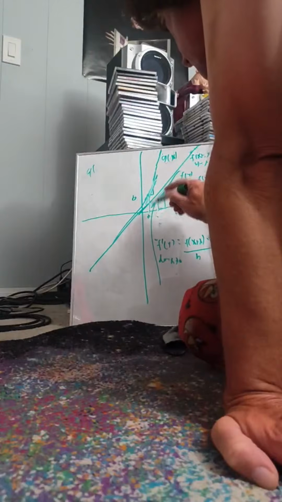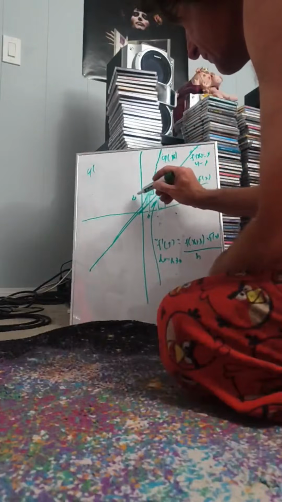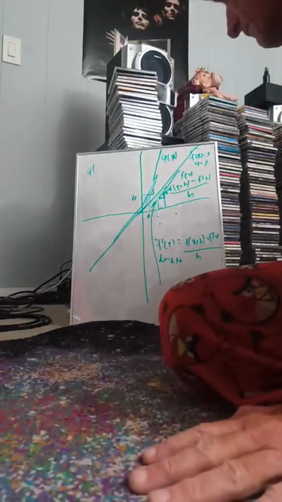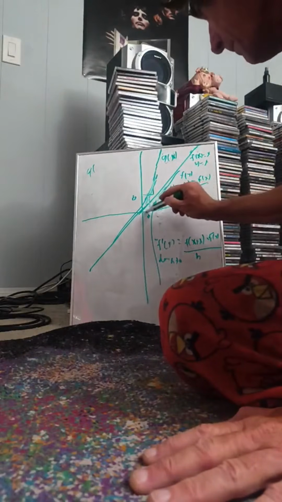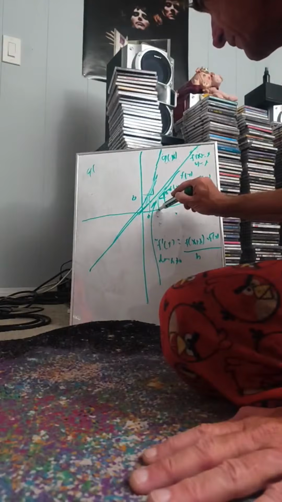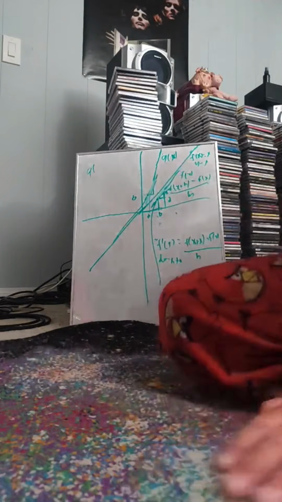These are reflexive. So watch this. If this is A and this is B, this is B here and this is A, then it can be shown that if I go B here on this line right here, and I go up A this far, then that's the symmetrical point.